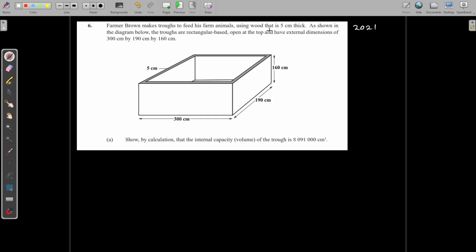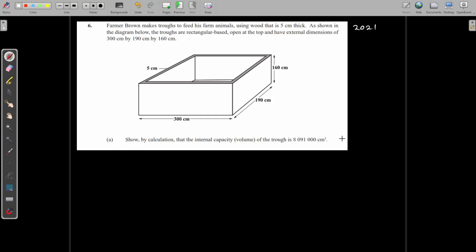Alright, so Farmer Brown makes troughs to feed his farm animals, using wood that is 5 centimeters thick, as shown in the diagram below. The troughs are rectangular based, open at the top, and have external dimensions of 300 centimeter by 190 centimeter by 160 centimeter. Show by calculation that the internal capacity volume of the trough is 8,991,000 cubic centimeter.